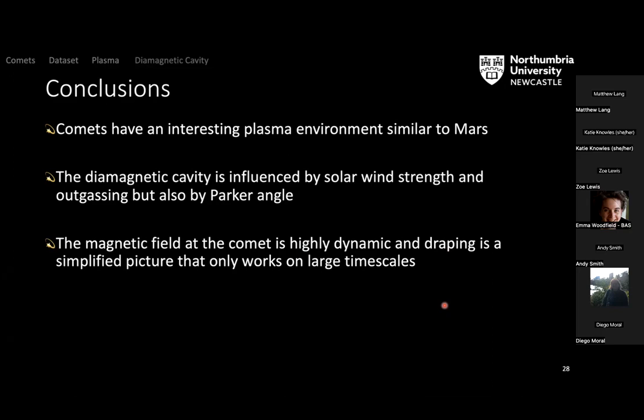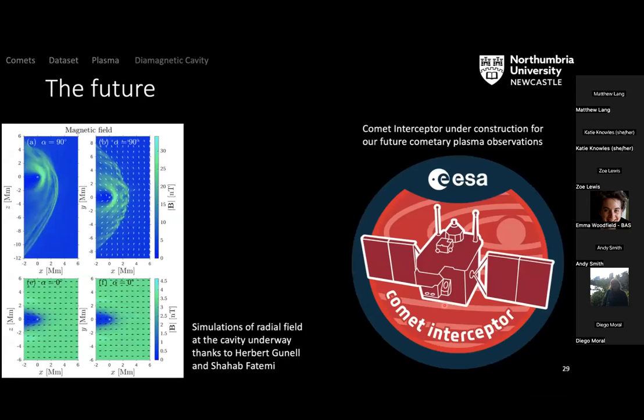Right, last slide, the future. What are we doing now? I want to say thanks to Herbert Grinnell and Charles Patemi for running simulations of these radial field conditions, and you can already see some preliminary results where the field is perpendicular to the velocity in the upper panel, and then the lower panel is radial, and you can see that it just looks completely different.